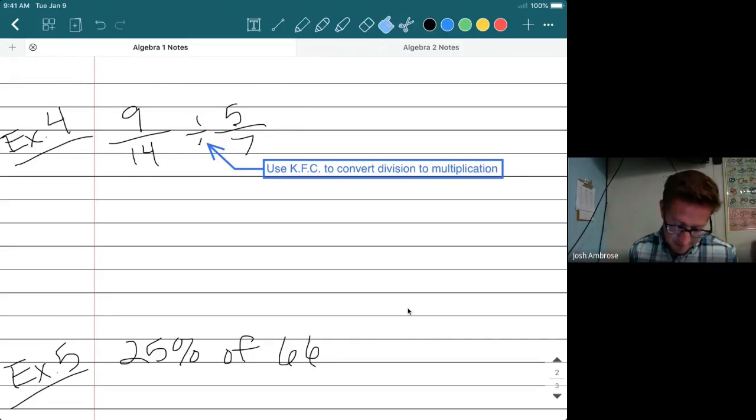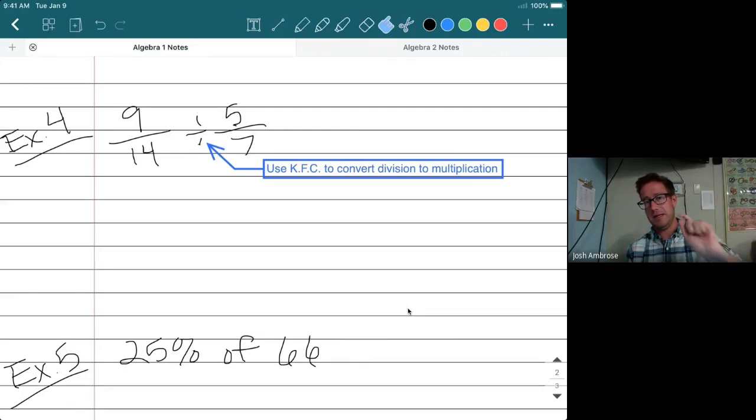All right, example 4, we got another note here. So use KFC to convert division to multiplication. I use this acronym KFC. All right, we all know KFC, like Kentucky Fried Chicken, but in terms of math, KFC stands for keep, flip, change.